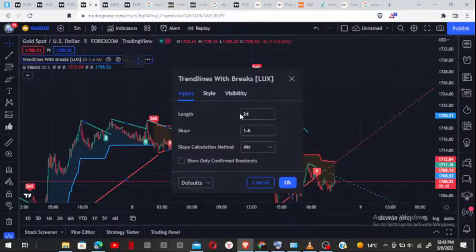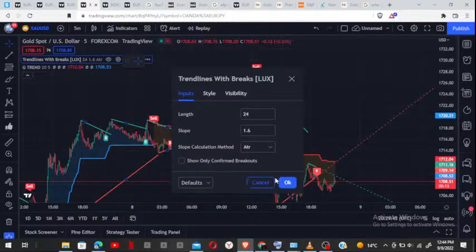Make sure your input is 24, your slope is 1.6, the slope calculation method is ATR. And once that is done, you can see there are all these options, but we're going to select just ATR. Once you've done all that, you can come here and click OK.